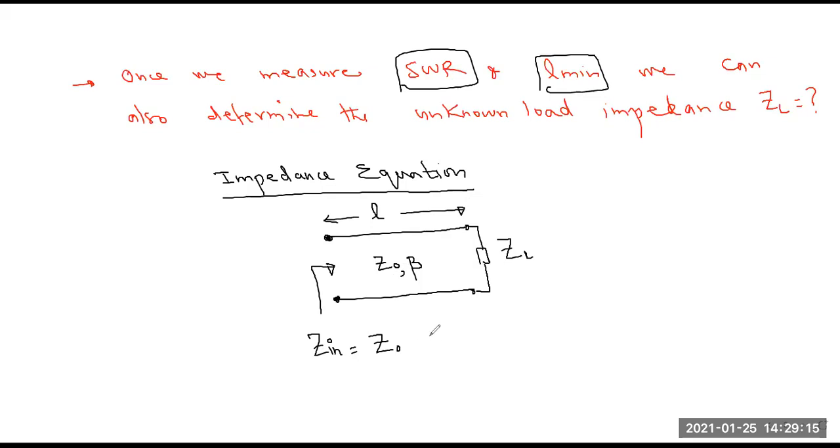Zin is equal to Z0 times (1 plus gamma e raised to power minus j2 beta L) divided by (1 minus gamma e raised to power minus j2 beta L).